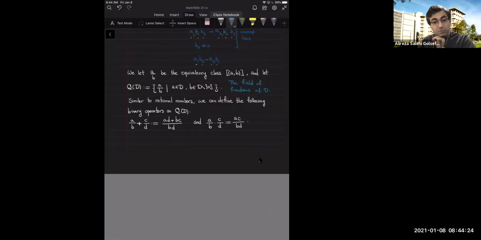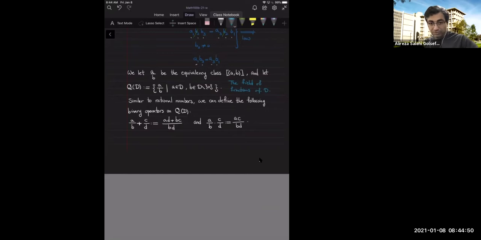So when I give you two fractions, how do I define the addition? We take a common denominator, and that way we can add them. So A over B plus C over D is similar to rational numbers. We define it to be A times D, the numerator of the first one times the denominator of the second one, plus C times B, or B times C, because it's commutative, it doesn't matter.